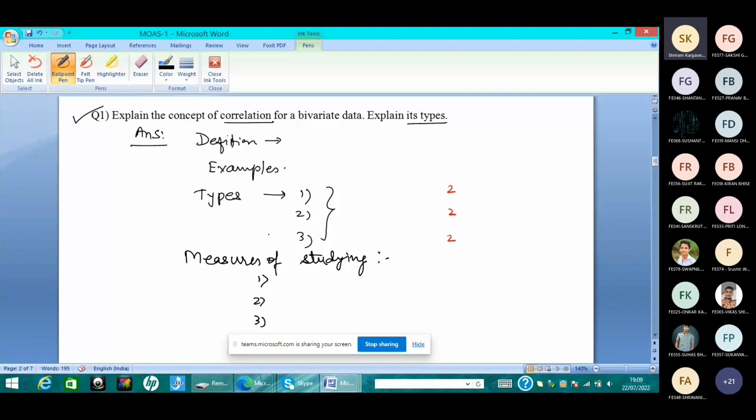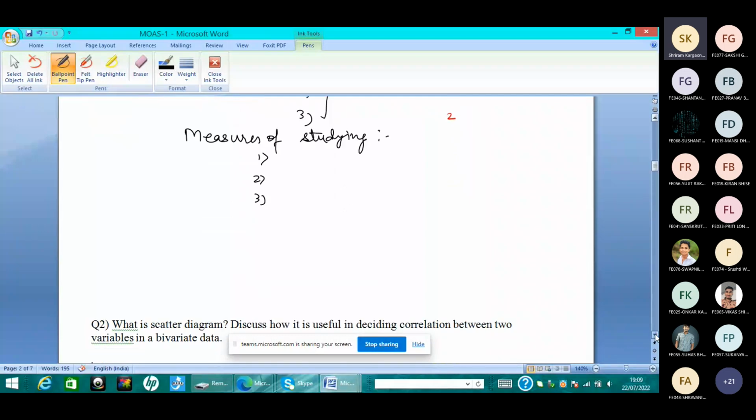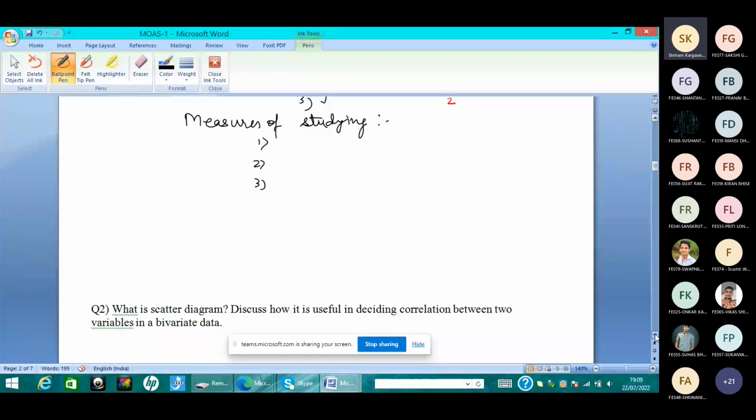So we are coming to the various measures for studying the correlation. If you write that in the answer, that is fine. Once more, I'm focusing on specific writing. Writing too much will give you more marks, this is not true. Writing the correct steps is important.